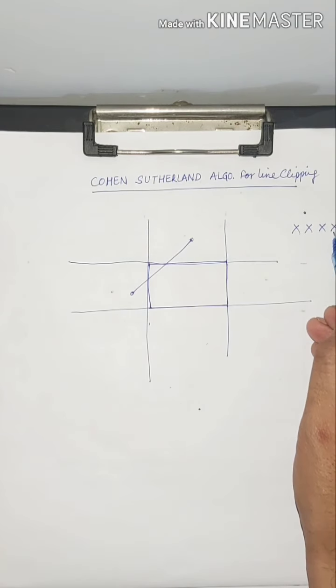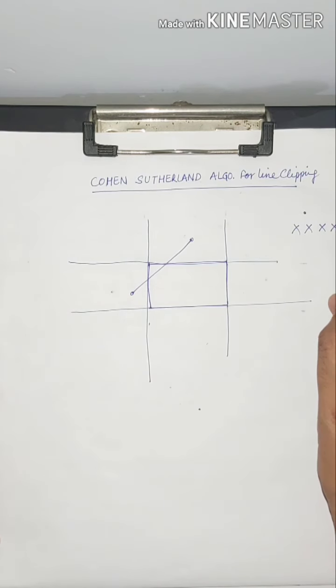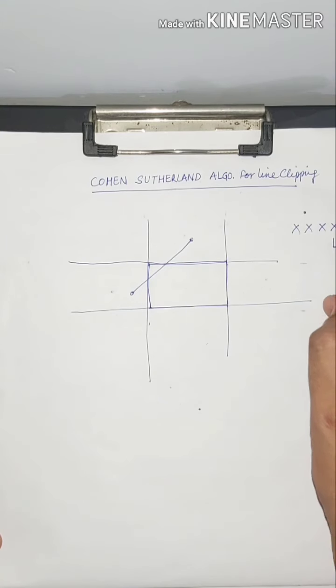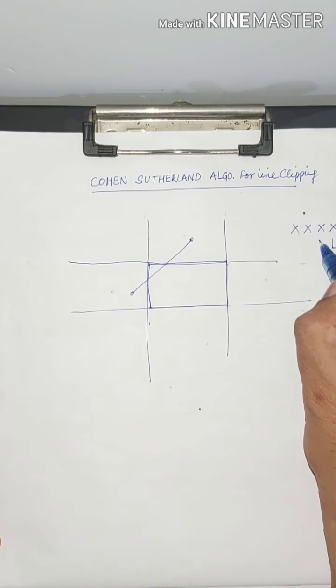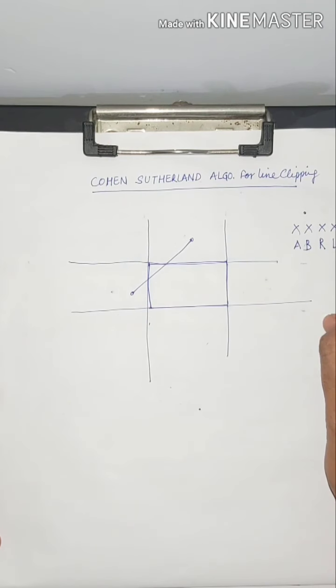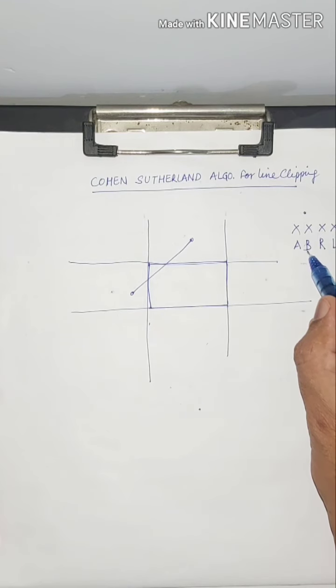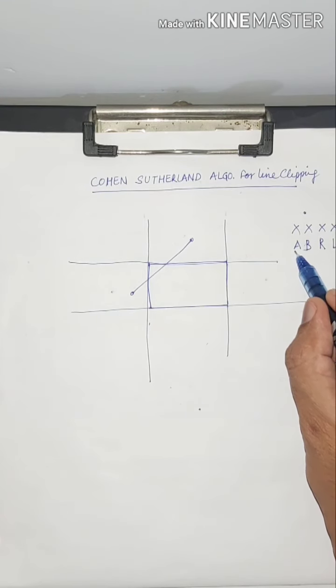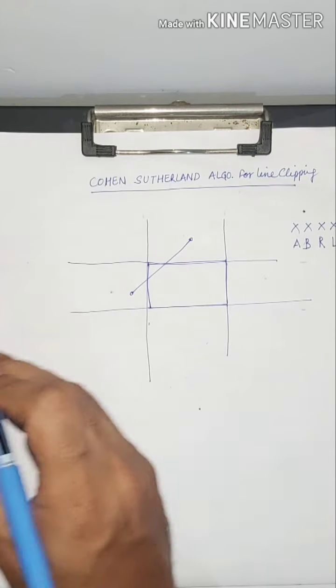Each bit can have a 0 or 1 value, and the rightmost bit is related to L. The bits are A, B, R, L. So L means left, R means right, B means below, A means above. Left means to the left of the window.